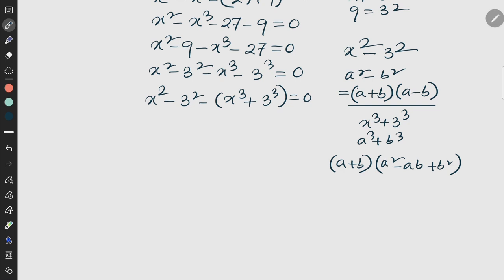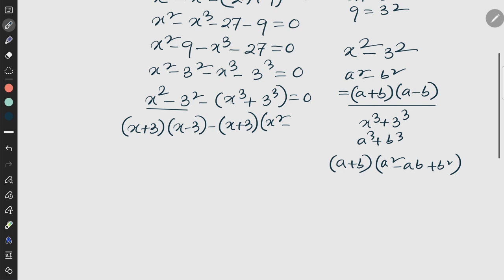Replacing this formula here, x square minus 3 square is x plus 3 into x minus 3, and x cube plus 3 cube means x plus 3 into x square minus ab, meaning 3 into x, 3x, plus b square, meaning 3 square, equals 0.